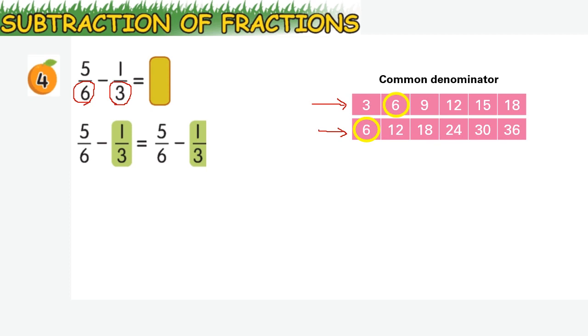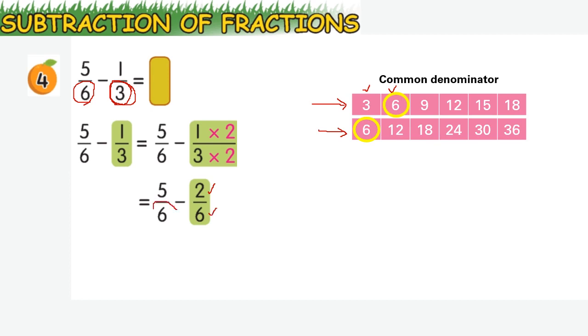So make sure you change the denominator 3 of 1 over 3 to 6. So 3 times what makes 6? 1, 2. It is 3 times 2. The denominator and numerator we have to times by number 2. So after you times 1 and 3 by 2, you will get 2 and 6.